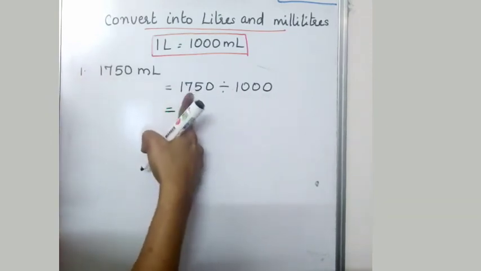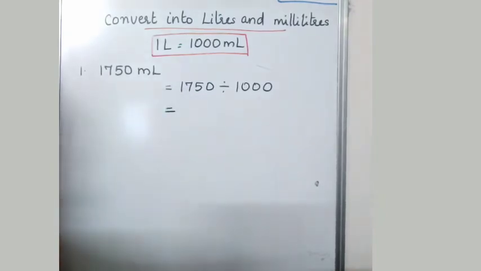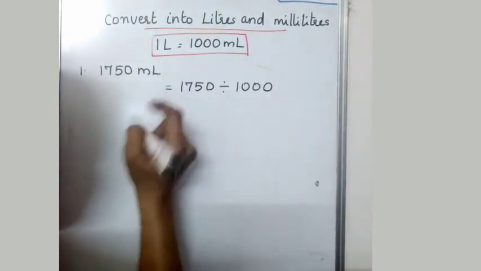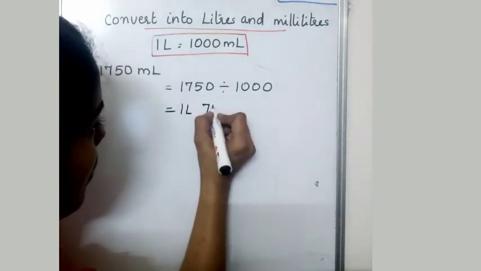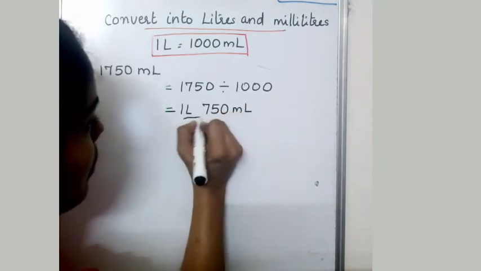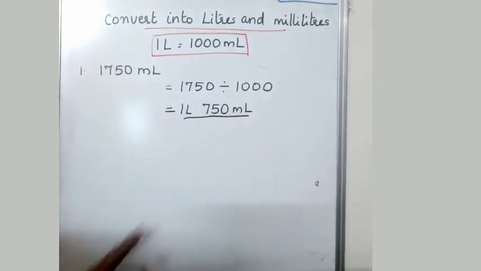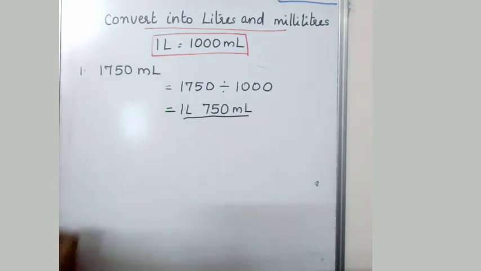So 3 places will become the remainder. 1 place is left. This place becomes the liter. 1 liter 750 milliliter. For milliliter, write small m and capital L.